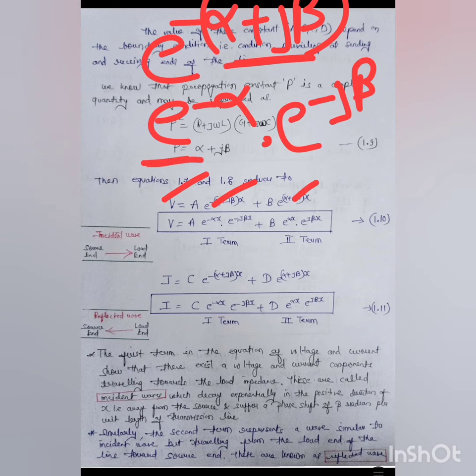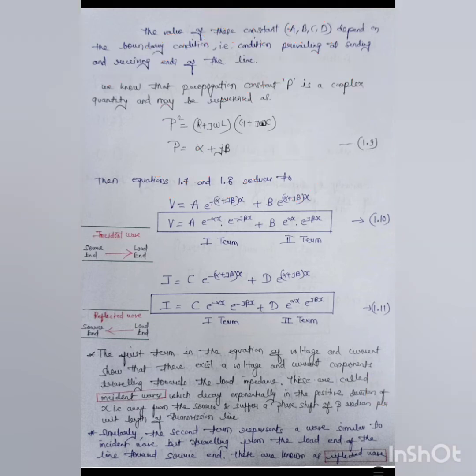That means if we have two exponentials with the same base, then the powers must be added. So after opening this equation we get e raised to the power minus alpha x and e raised to the power minus jbeta x. Likewise, after opening this equation we get this equation. This is our first term, and this is our second term.